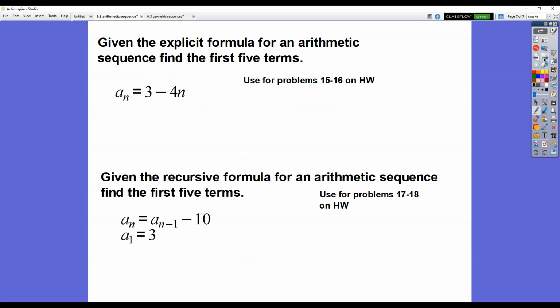Okay, last few examples. Given the explicit formula for an arithmetic sequence, find the first 5 terms. You're going to use this for problems 15 through 16 on the homework. Okay, so remember, if we wanted the 100th term, we plugged in 100 for n. If we want the first term, we're going to plug in 1.